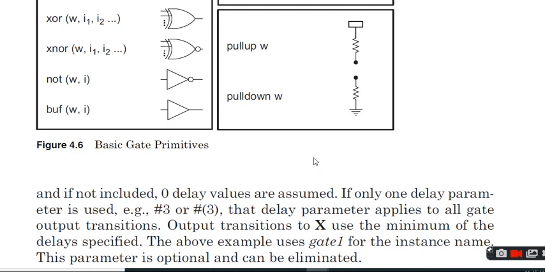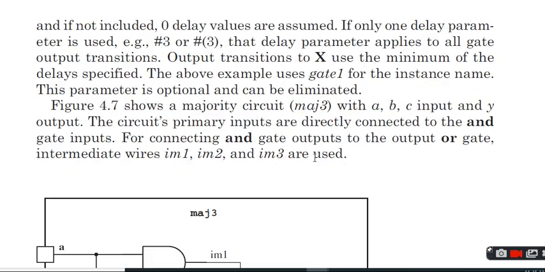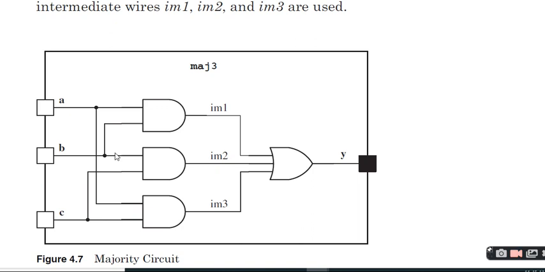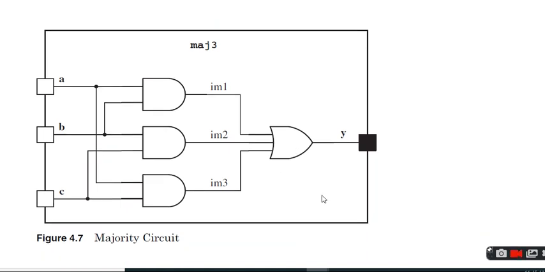I gave an example, no? You write one example like this. We want 3 AND gates. This is a majority circuit, which describes the majority out of these 3 inputs. Output is Y: 3 AND gates and one OR gate. Inputs are A, B, C. In between, temporary variables IM1, IM2, IM3.